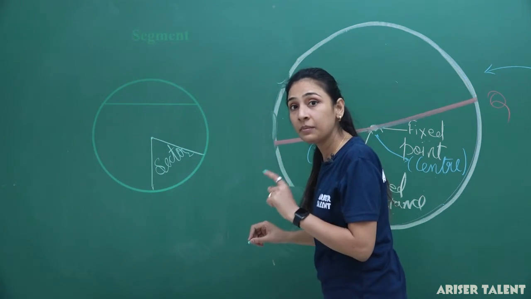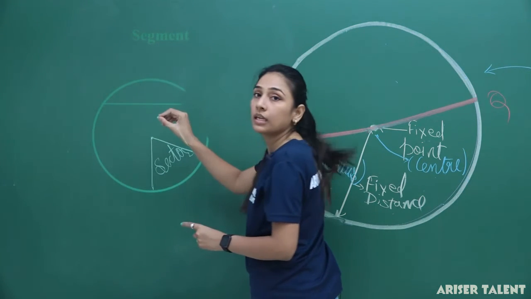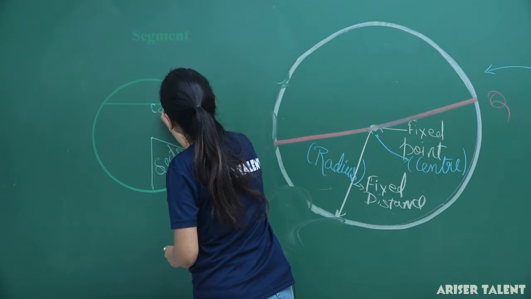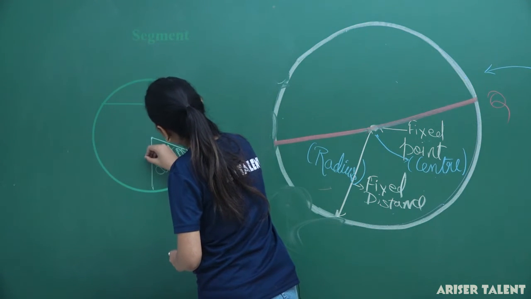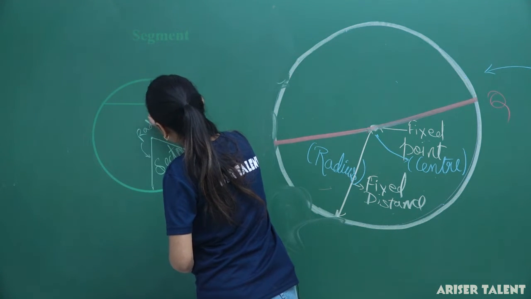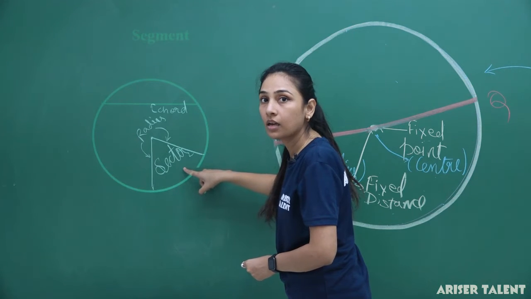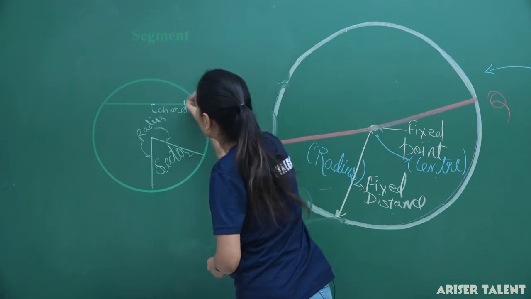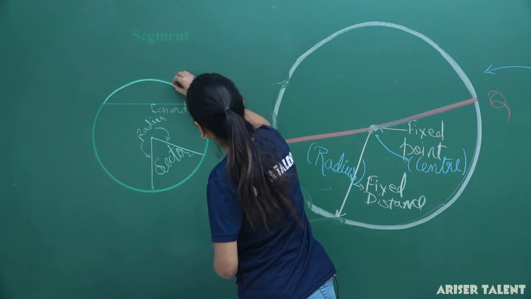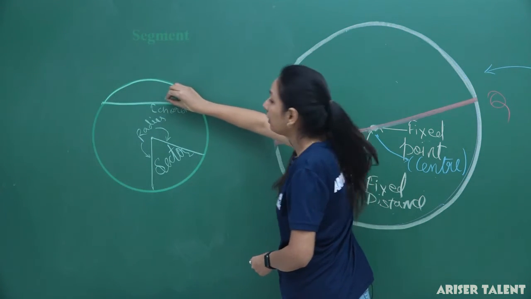I am using the same diagram so that you will not get confused. But this is a chord, and these are both radii. So the area enclosed by two radii and this arc is a sector. But this arc and the chord make a segment.